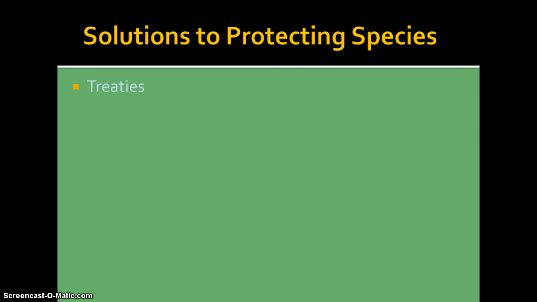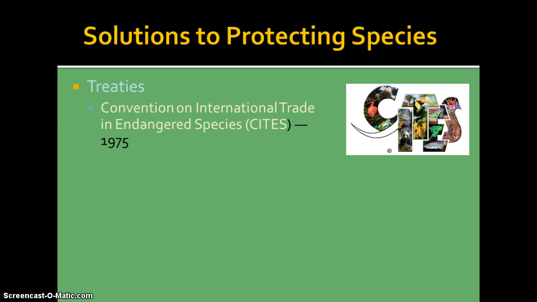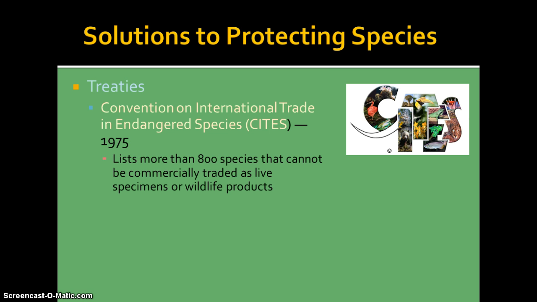Other solutions, some of the things that we have done to protect species, are treaties. The Convention on International Trade in Endangered Species, or CITES, in 1975. What that did is create a list of over 800 species that cannot be commercially traded, and this is international.